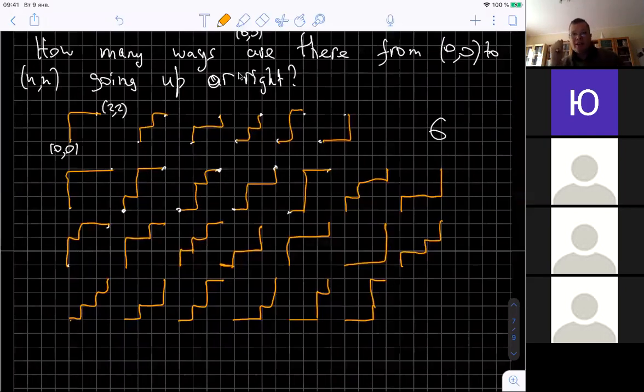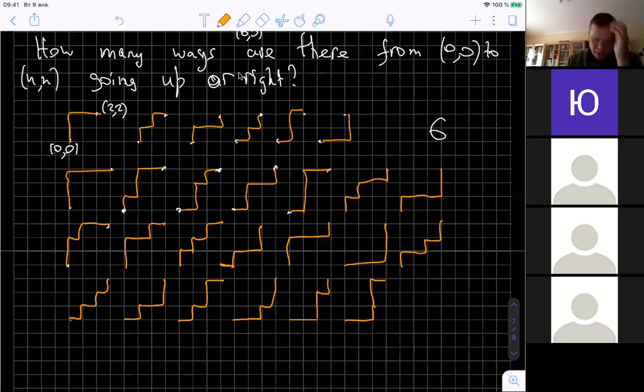Combination formula. Yeah, so you can assume that this is the number of some combinations. Since we are going only up and right, we can expand all these routes as a sequence of up and right steps.